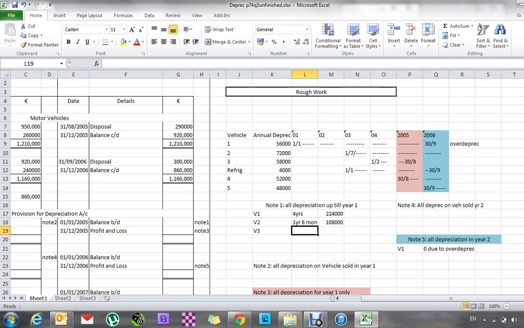Vehicle 3. I got that at the beginning of February, so I would have had it for 11 months that year. So that's going to be 58 grand multiplied by 11 over 12. So there's the total. Obviously that will be rounded off later. And we also had a refrigeration.